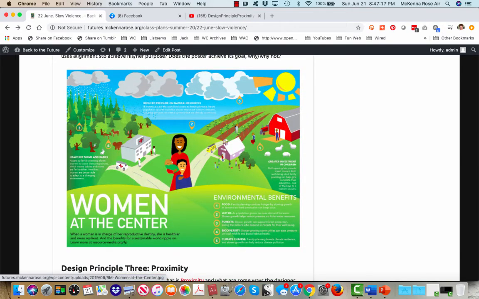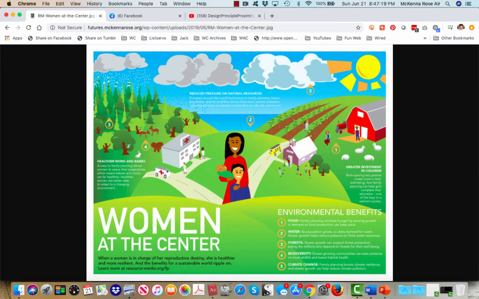Whereas the reader of this poster is invited to enter the poster wherever his or her eye hits first, right? So if I'm drawn to the blue, I can start there, and then because of the key, it brings me back, etc.